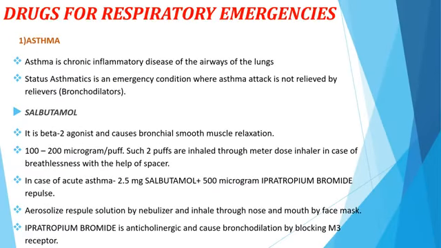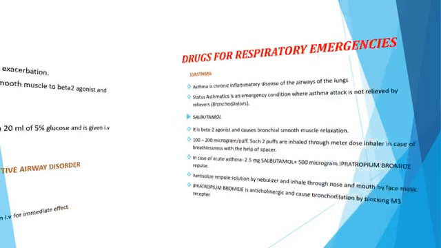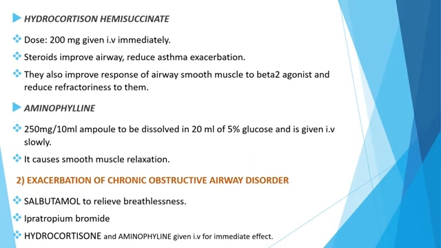Drugs for respiratory emergencies. Asthma is a chronic inflammatory disease of the airway of the lung. Status asthmaticus is an emergency condition in which the attack is not relieved by bronchodilators. We use salbutamol, which causes smooth muscle relaxation, a beta 2 agonist. In acute asthma we may use a dose of salbutamol. Hydrocortisone, a short-acting steroid, is given at 200 mg IV immediately.